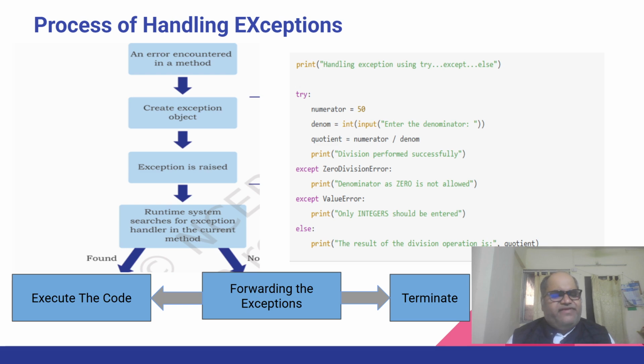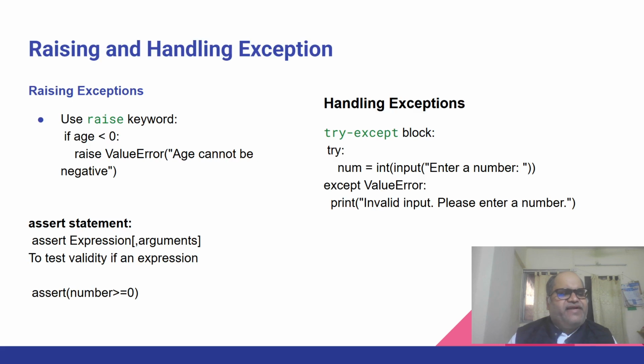The way you might have seen in the previous example, where if age is less than 0, raise value error. And say in this case it was supposed to be an int. In that case, your value error will automatically be raised when it is not an int.